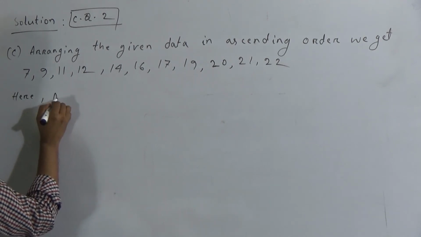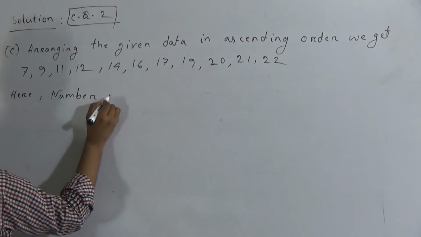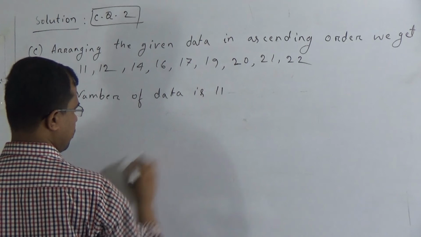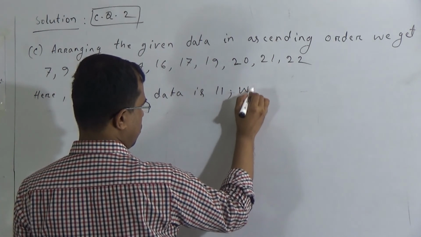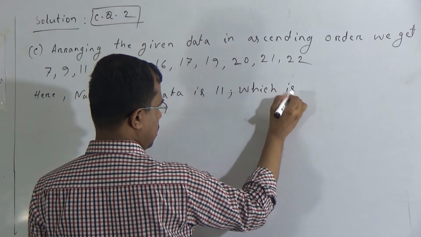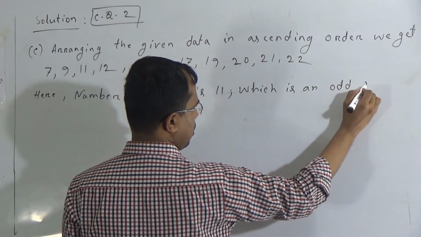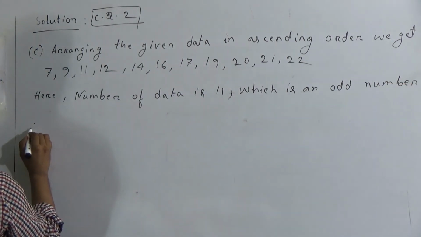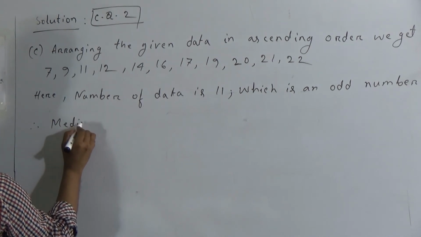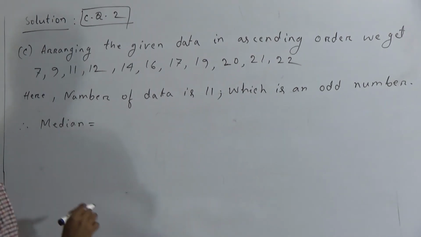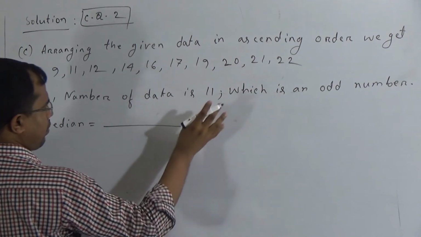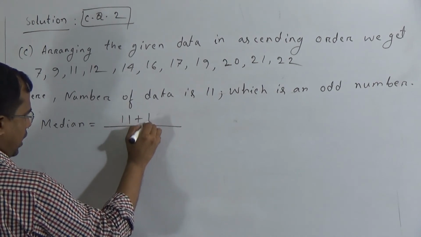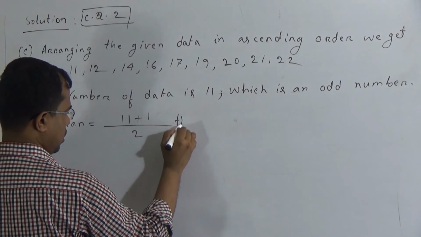Here the number of data is 11, which is an odd number. Therefore the median is equal to the formula 11 plus 1 divided by 2th term.